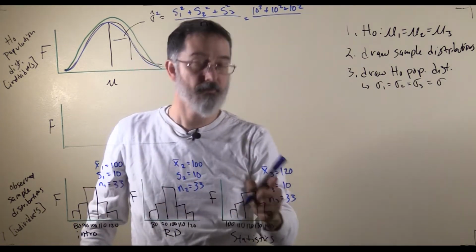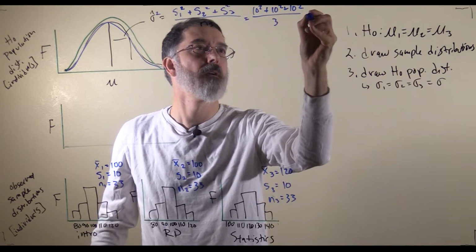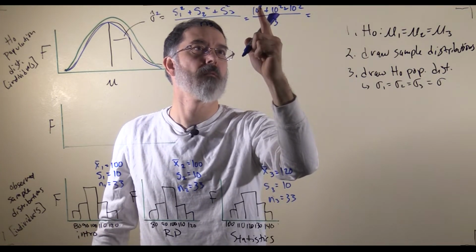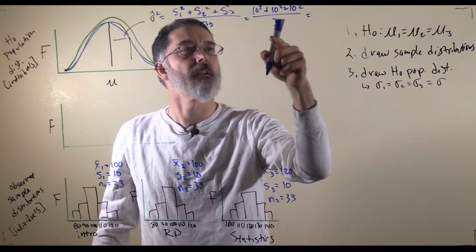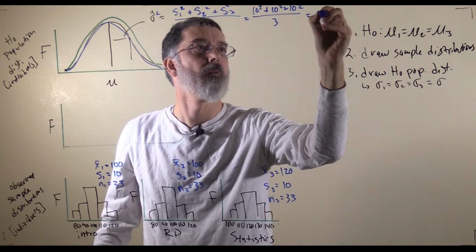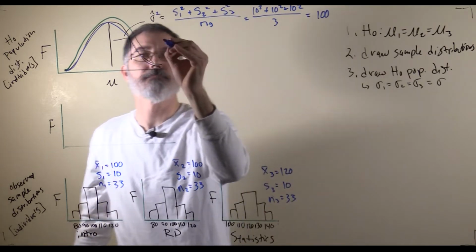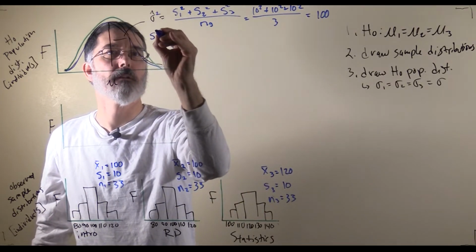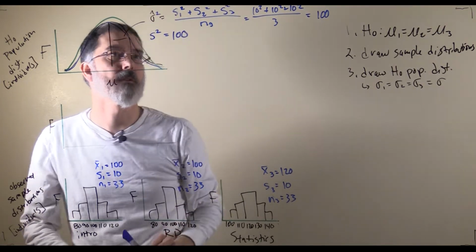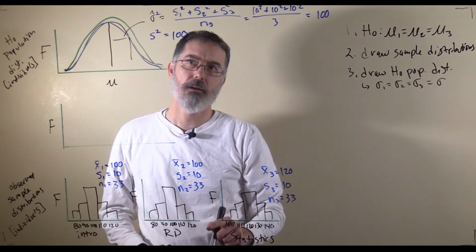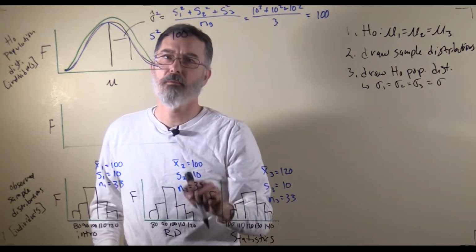There's 1, 2, 3 groups. So 10 squared is 100. 100 plus 100 plus 100 is 300. Divided by 3 is 100. So our variance estimate is 100.